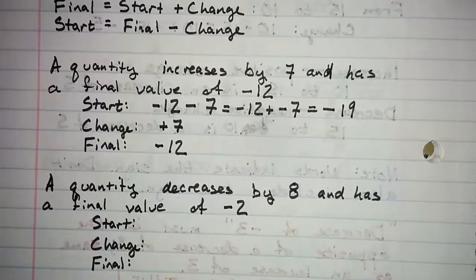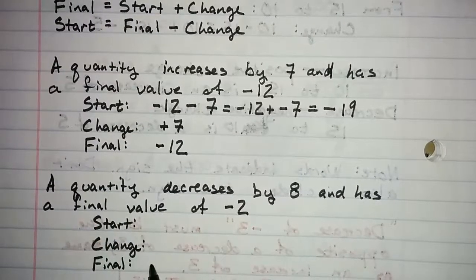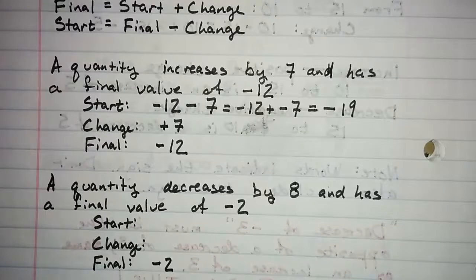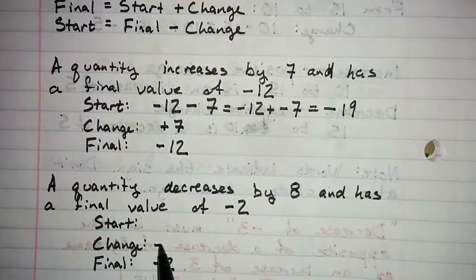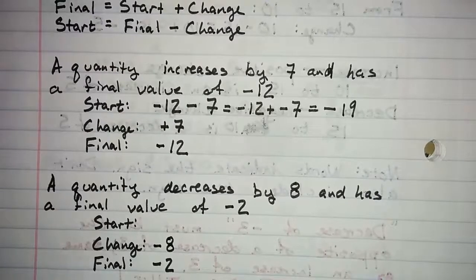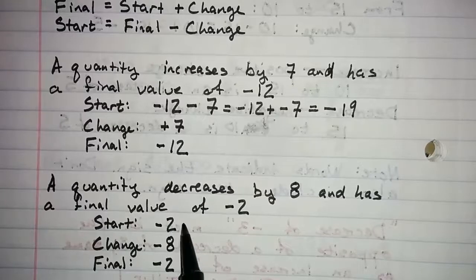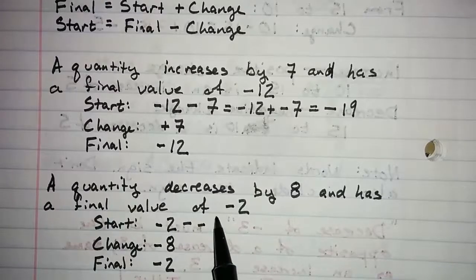So the final value, it says, is negative 2. And the quantity decreased by 8. That's a change of negative 8. So the starting value is the final value minus the change.